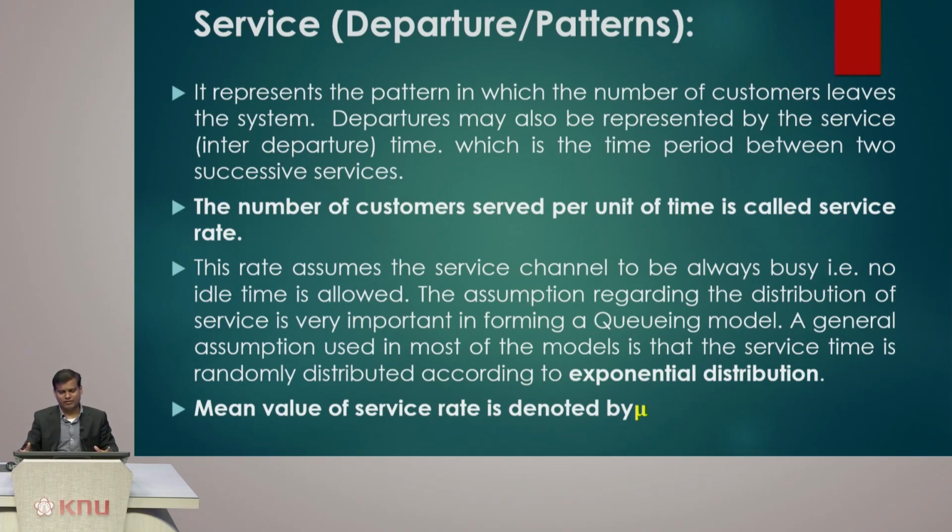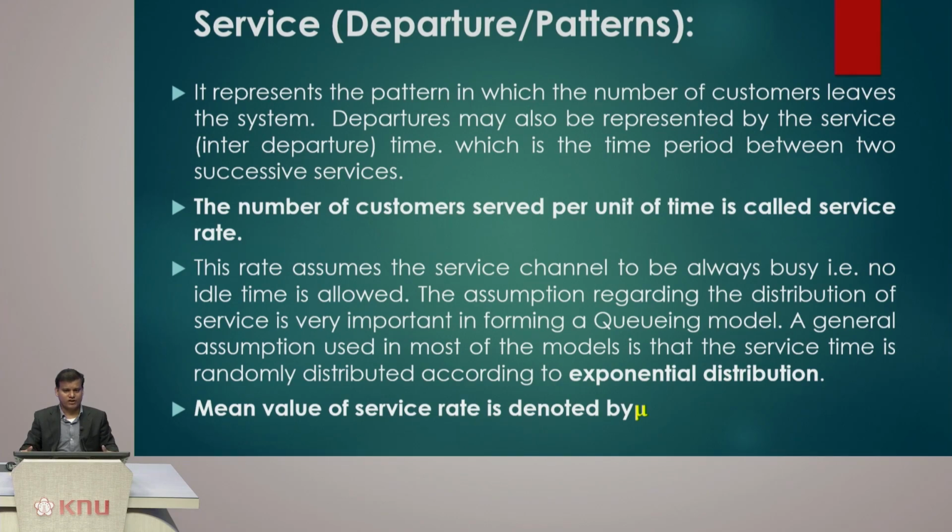Yes, this can be termed a rate, because as I mentioned, it is per unit of time, like 10 customers per minute is a unit. This rate assumes that the service channel is always busy. We are not considering idle time in this system. So, the assumption has been made as well.